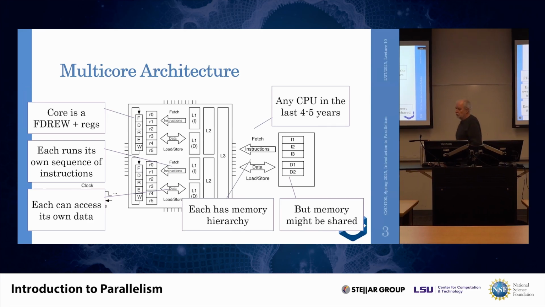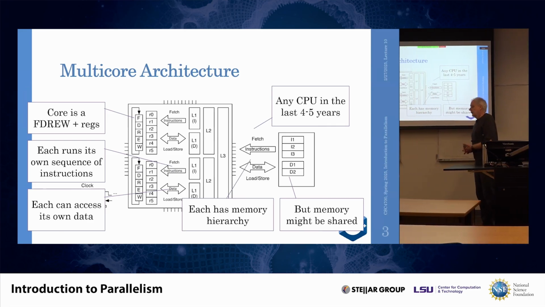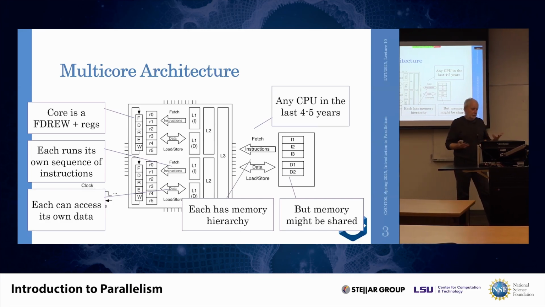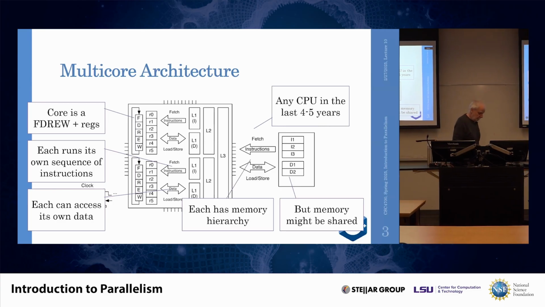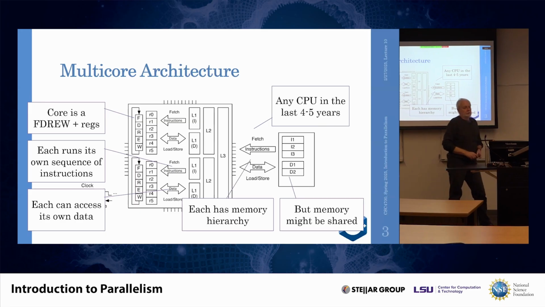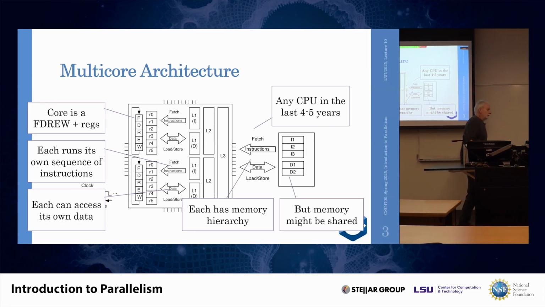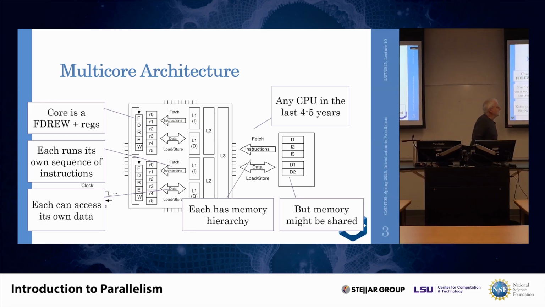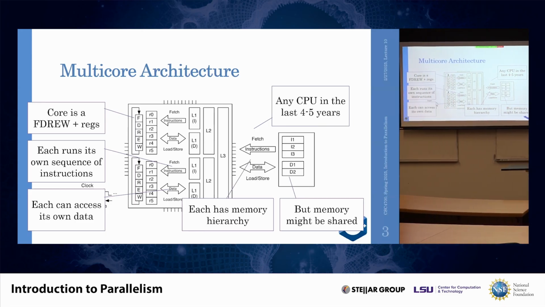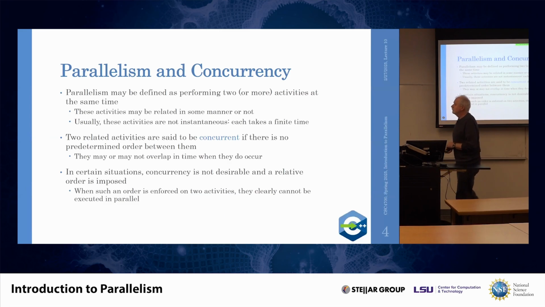So each of those cores has to deal with its own memory hierarchy, and that is the main problem we have to face, and we have seen that in many examples so far: memory is always a culprit. Executing things is fairly fast, but accessing data from memory is much slower than running the code. So we will focus on memory and memory structure a lot in this lecture today.